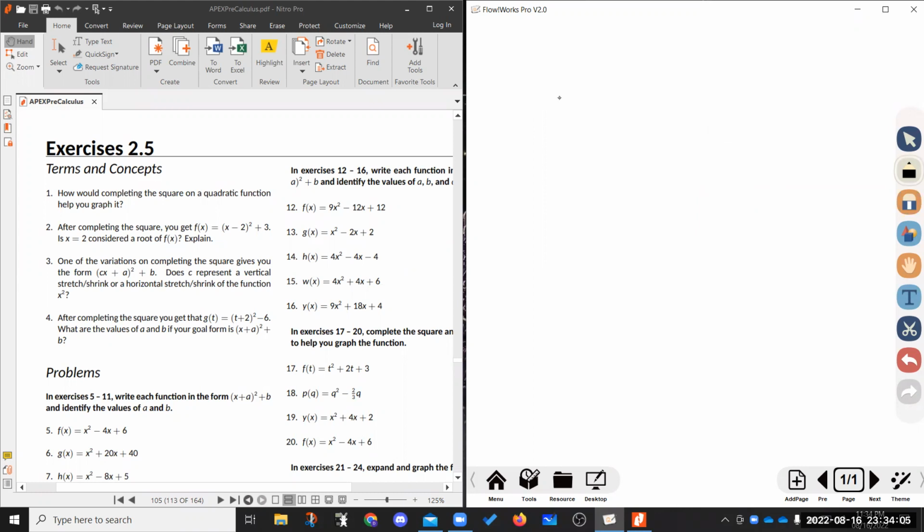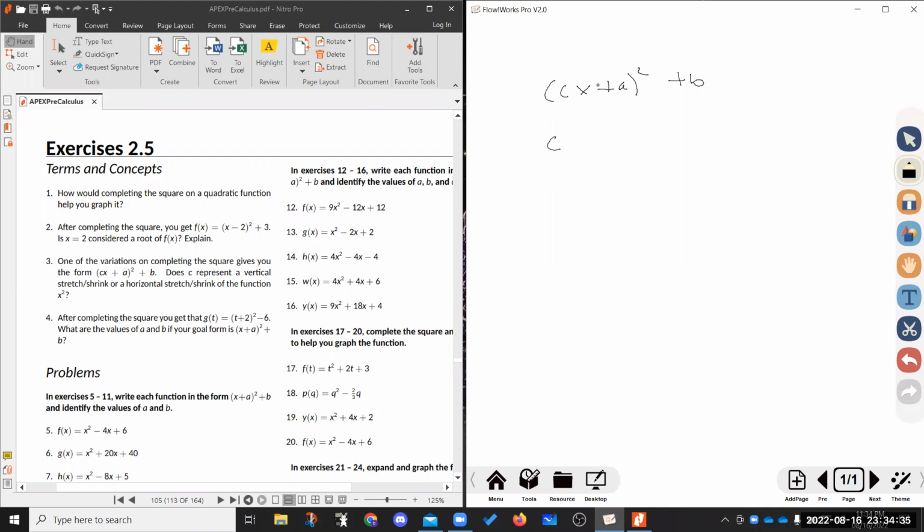One of the variations of completing the square gives you the form c times the quantity x plus a, squared, plus b. In this case, does c represent a vertical stretch or shrink, or a horizontal stretch or shrink of the function? It would be a horizontal one because it's inside here with x, so it's very easy to change that up to write it so that you can see the vertical stretch or shrink on x.